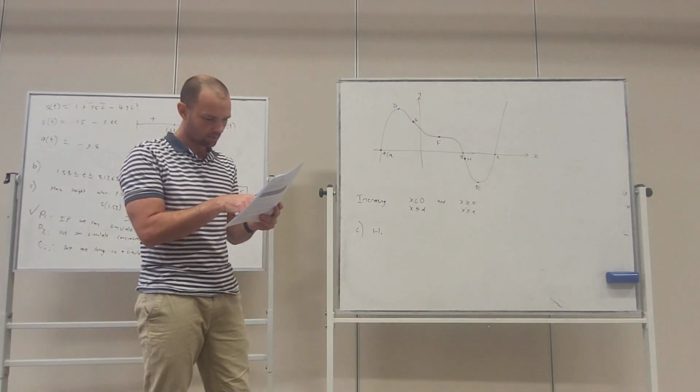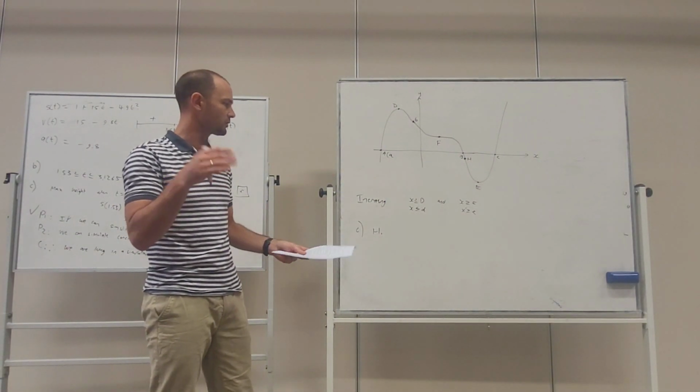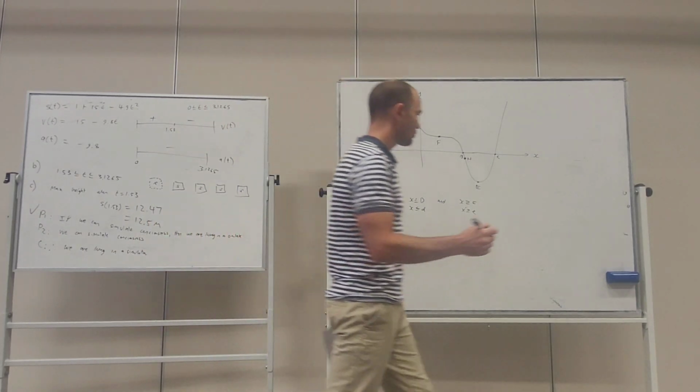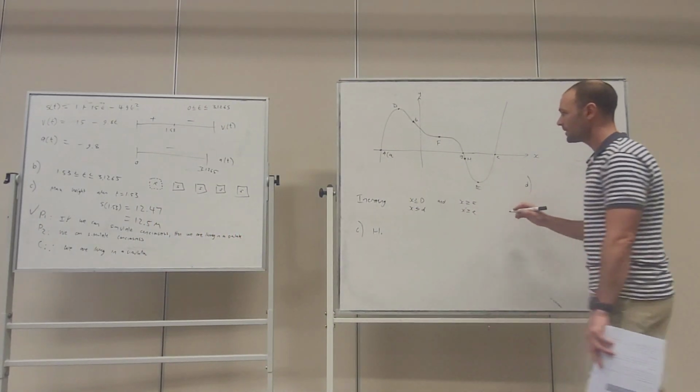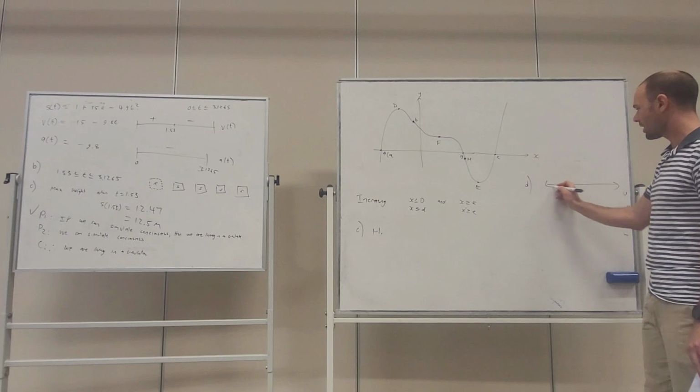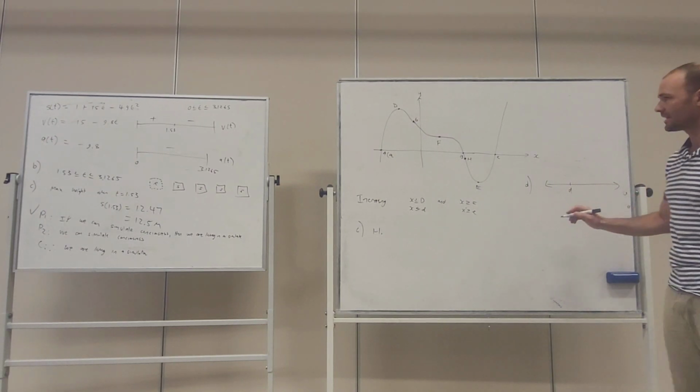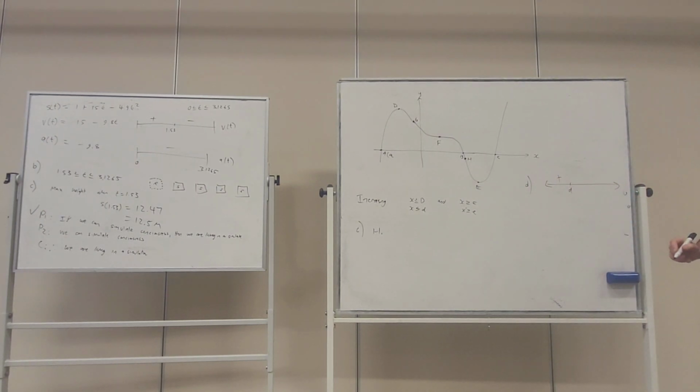Okay, draw a possible graph of f dash of x. All right, so what we're going to do is draw the sign diagram for f dash of x first. So all we're doing for the sign diagram of f dash of x is going, when is it increasing till we get to D, then we're decreasing until we get to F, then we're decreasing until we get to E, and then we're increasing. So that's what its graph will look like.